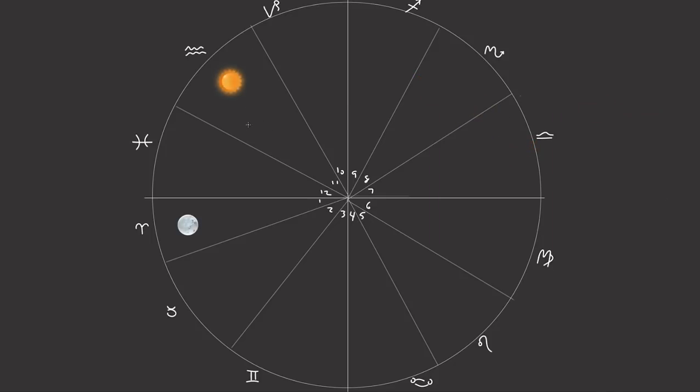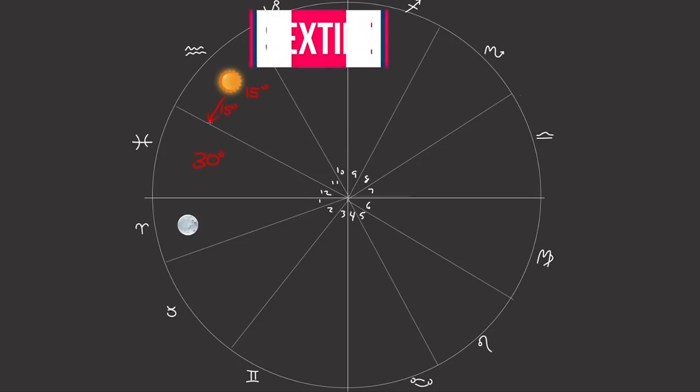So an aspect would be the angular relationship between two different planets. For example, right here you could have 40, 50 degrees, let's say 45 degrees. So what that is, you have an empty space here, which would constitute 30 degrees. And then let's say the sun is at 15 degrees. So now you would have 15 degrees to get to the next sign, which in here would be Pisces.